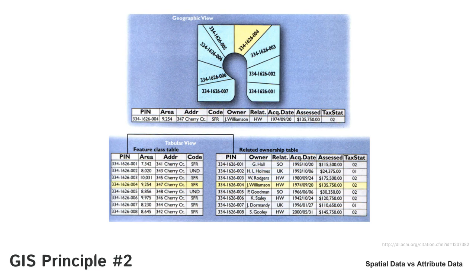So here we see in the geographic view at the top, there is a yellow parcel. So we're assuming this is like a neighborhood and this is the end of a cul-de-sac. That particular area has a PIN number, 334-1626-004. And that is owned by somebody. It has a certain square area. It's been assessed at a certain value.